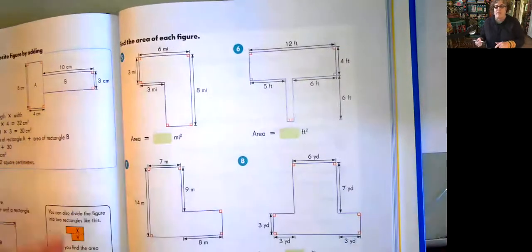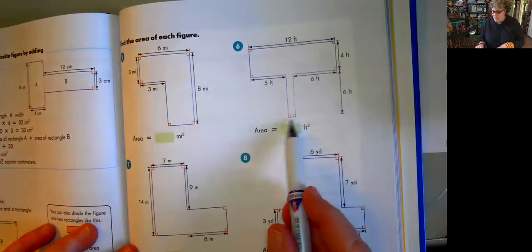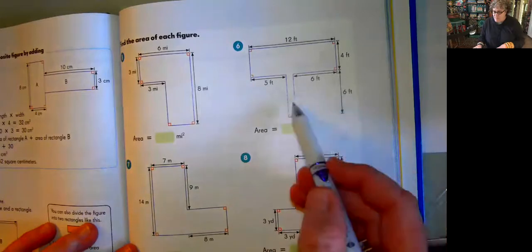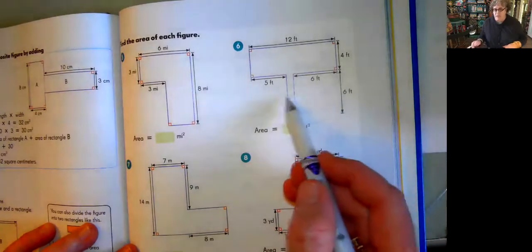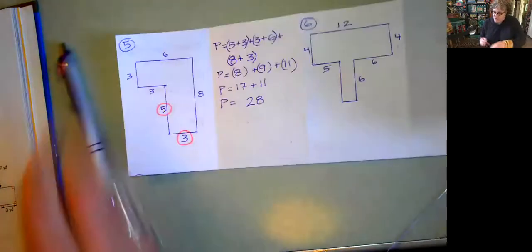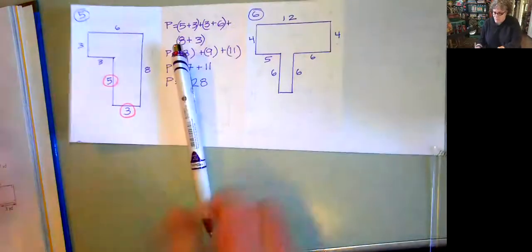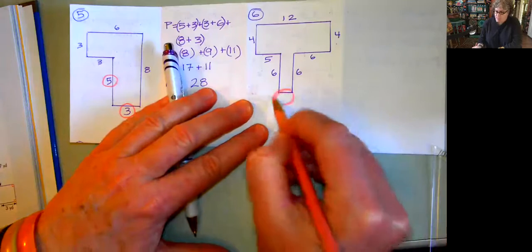So all we have to figure out is this little teensy number right here, because we know this is 6. And if this is 6, the other side is 6 too. This is what we're missing right here. This is the missing number.